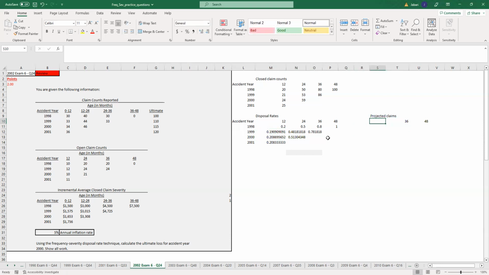Just type it in. So this is just going to be the ultimates minus the latest cumulative claim count, and then we're going to multiply it by the... Actually, before we do this, we need to find the average of disposal rates, the average of how fast claims are disposed of. That way, we can project forward based on the average.